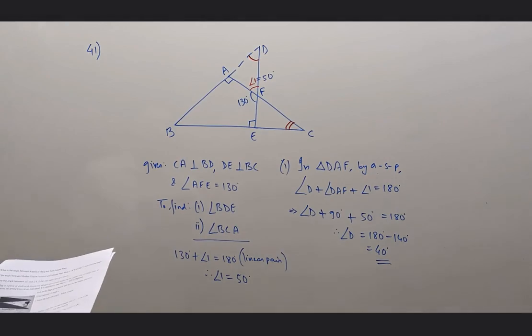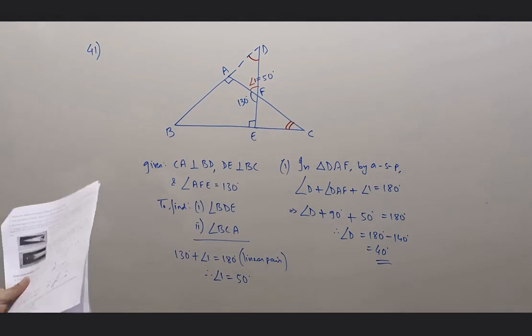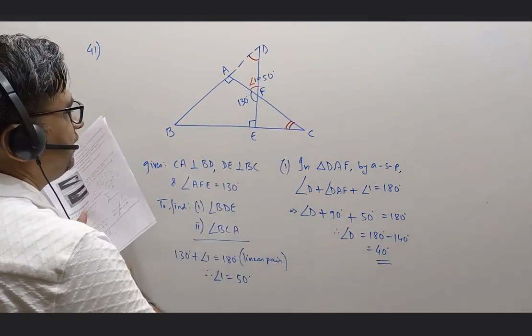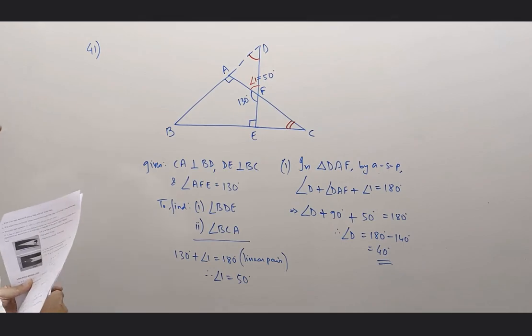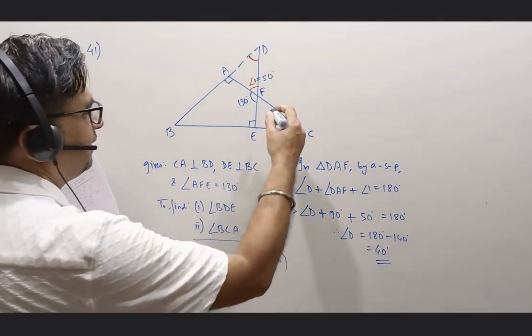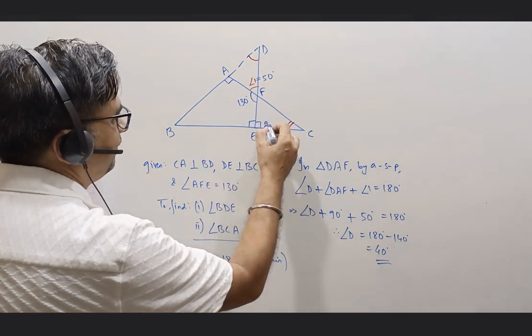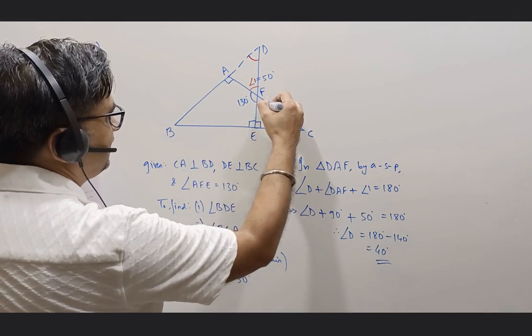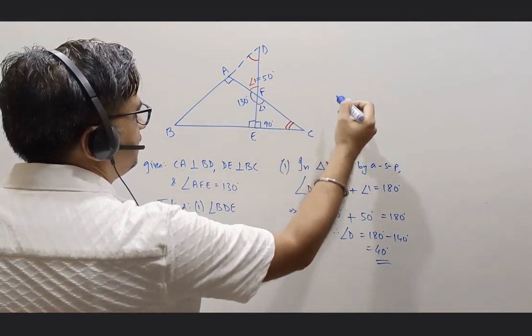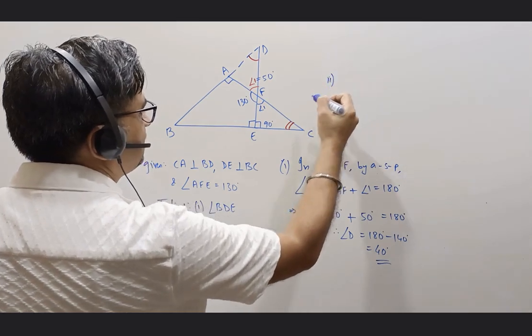Now, this will be a two-step exercise where you can see that this is 90 degrees, and because this and this are vertically opposite angles, this is angle 1. So we are now interested in the second bit.